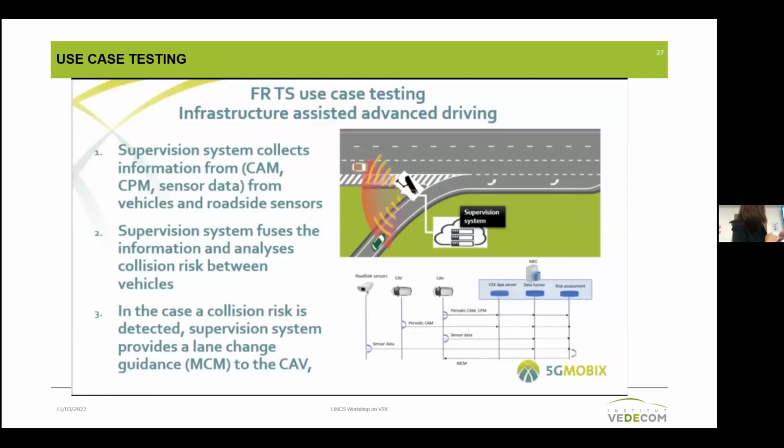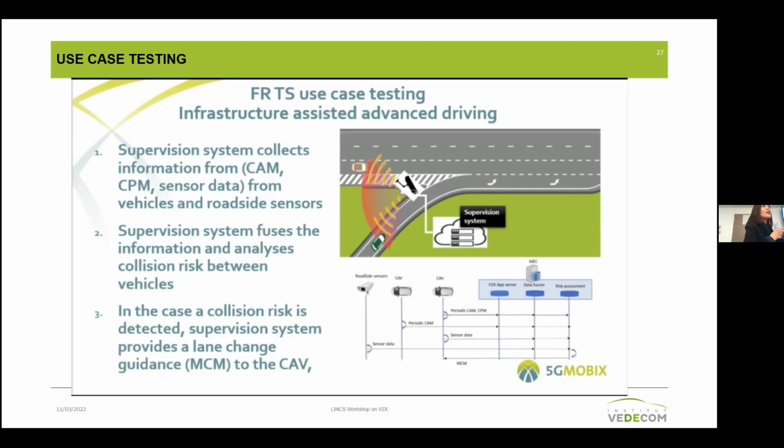So here we have a mobile edge computing system and a roadside sensor. We have 3 vehicles in our test. One vehicle is an automated car, one is a connected car, and one is a basic car, which means it has no communication capability. The roadside sensor is basically there to detect all the objects, especially the basic car, which is what we're interested in detecting.